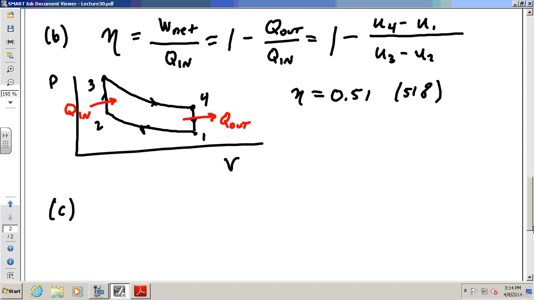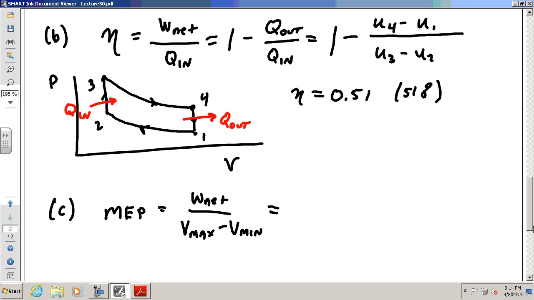Okay, C, MEP. Now the MEP, again, is your net work divided by your volume max minus your volume min. Your net work, there's two things that make up net work.